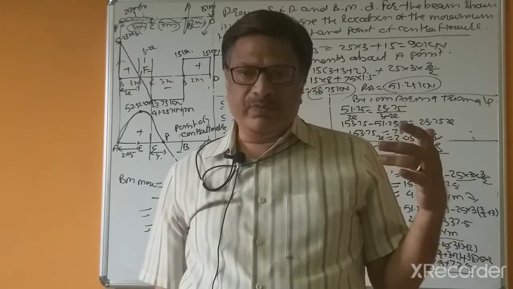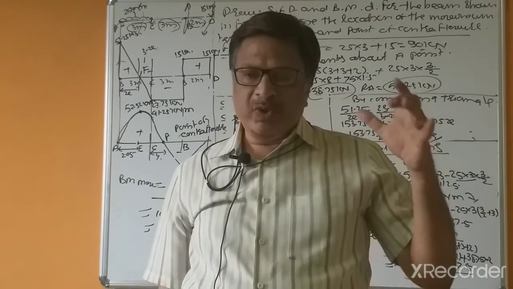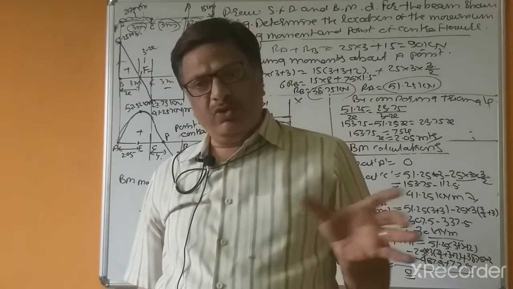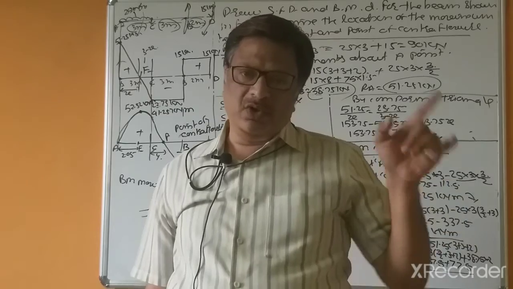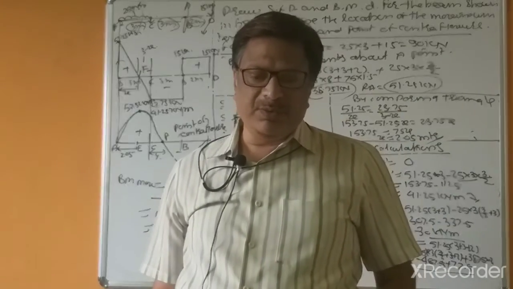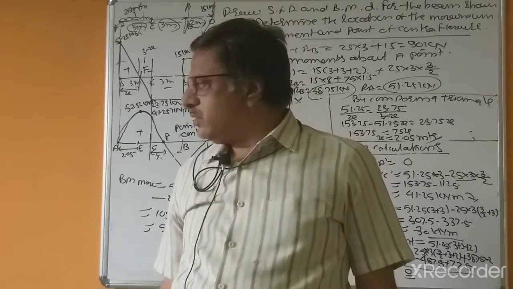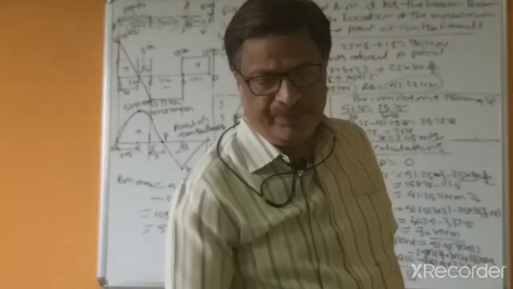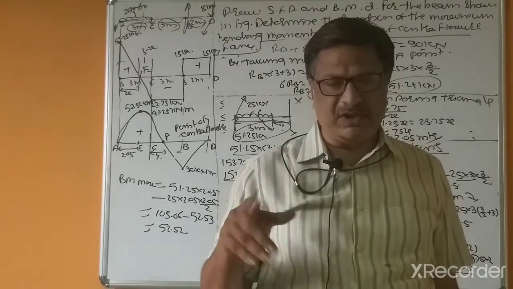Now the only remaining third type of problems is the simply supported beam with overhanging and combinations of loads, that is point load, uniform distributed load, and uniformly varying loads. Such problems remain, so we will take them in the next class. Today I stop here because of the limitation of time, and we will continue this type of problems in the next class. Thank you.